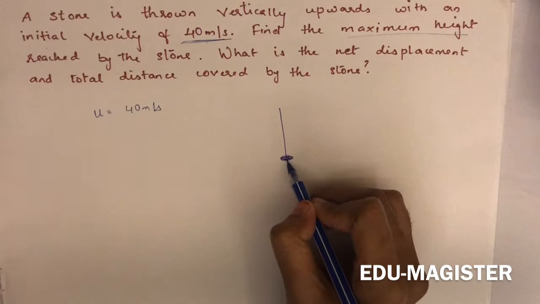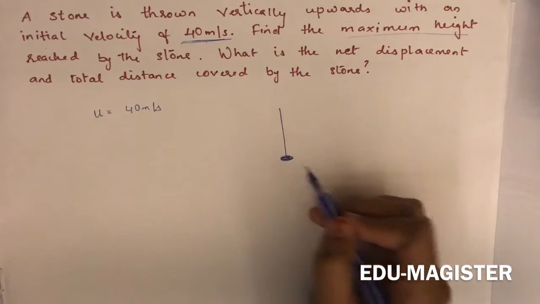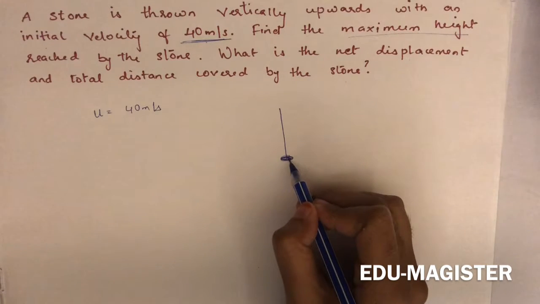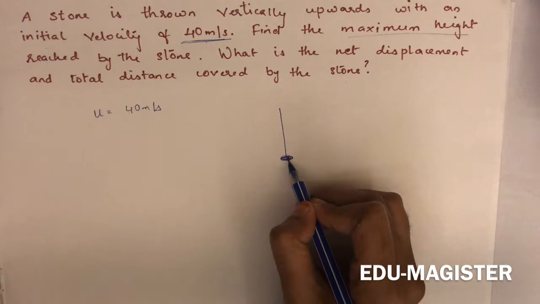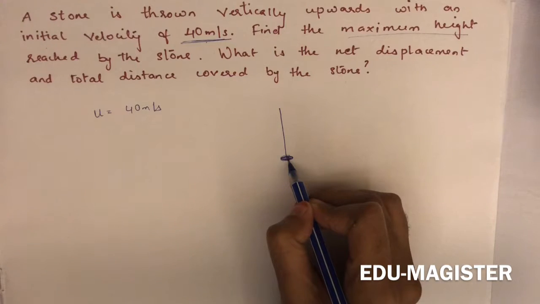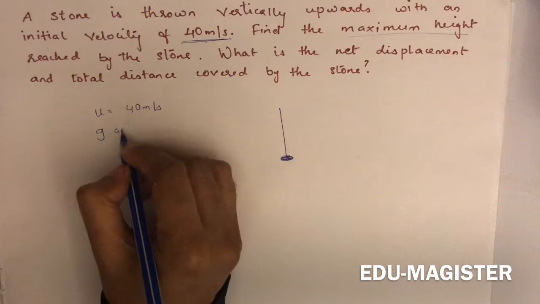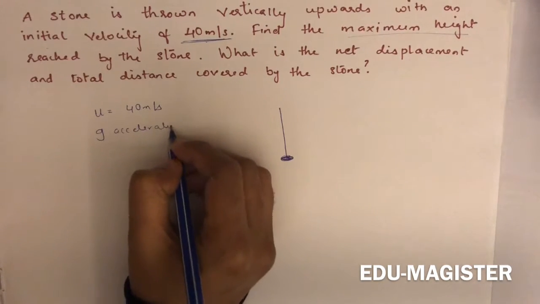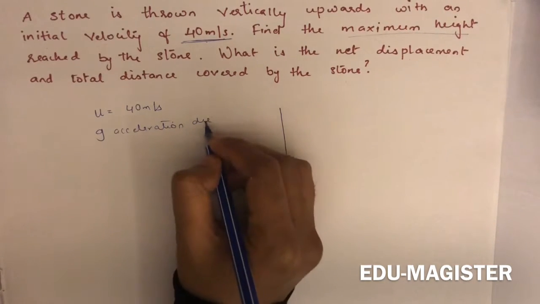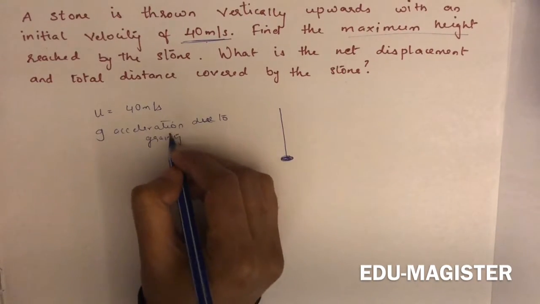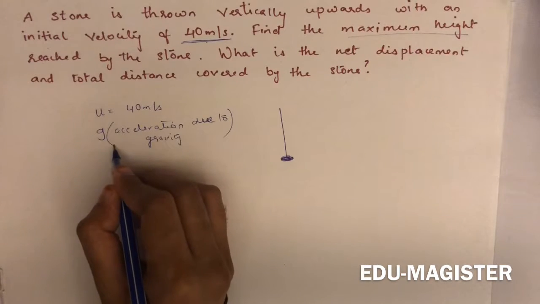Now one more point that you must keep in mind is, when a stone or anything is thrown up or is falling down, the acceleration that acts on this body is the acceleration due to gravity, that is g. This is something that we already know, right?